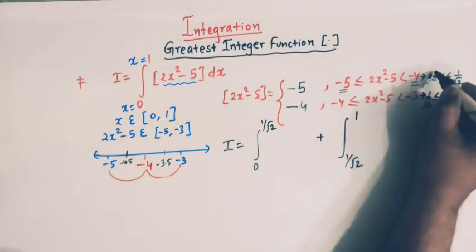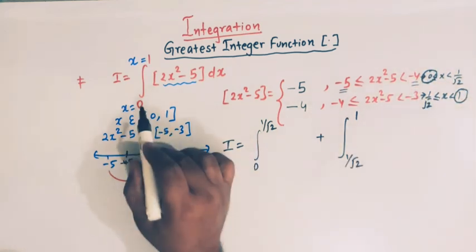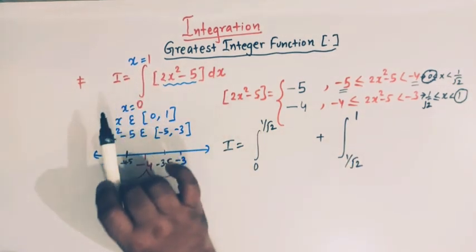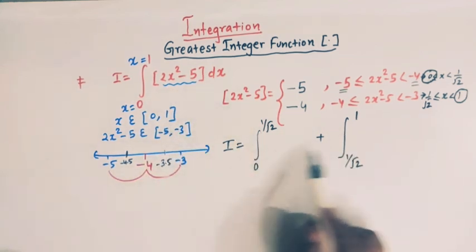Clear? So here we have 0 and here we have 1. So we have written this integral as a sum of two integrals.